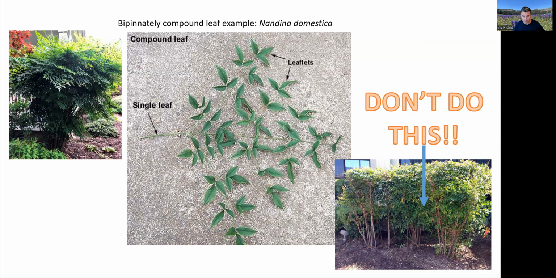And what that means is you have pinnate compound, but there's a rachis that comes off of the main rachis. Actually, this right here, here to here is going to be the petiolule. But again, I'm not going there. So bipinnately compound leaf.